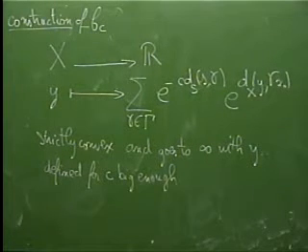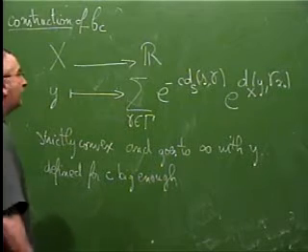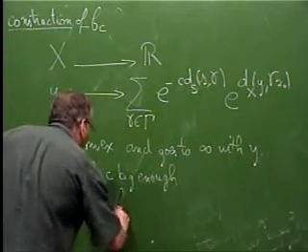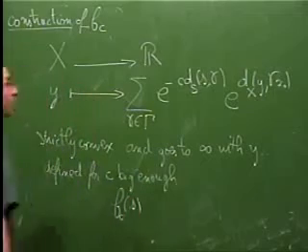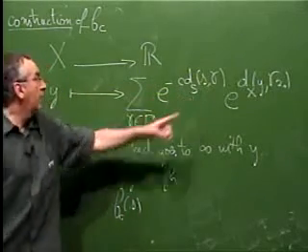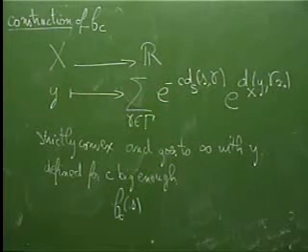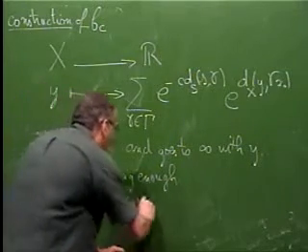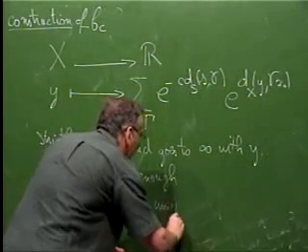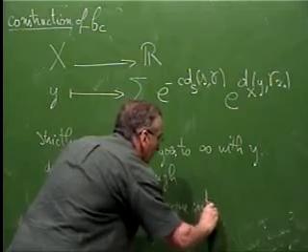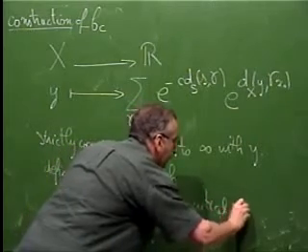So this defines a map by saying that f sub c of s, for c big enough, is the unique critical point of this function.